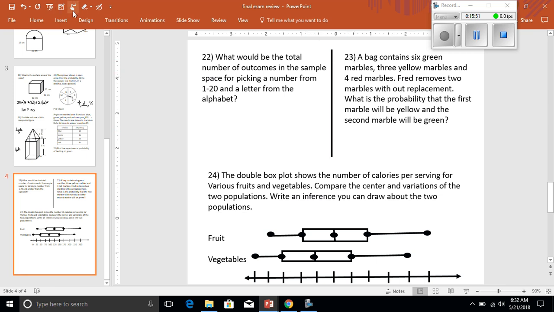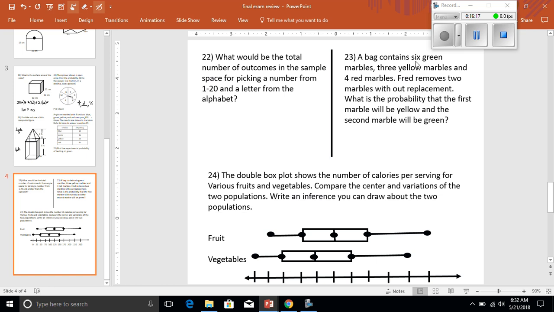Number 23. A bag contains 6 green marbles and 3 yellow marbles and 4 red marbles. Fred removes 2 marbles without replacement. What is the probability that the first marble will be yellow and the second marble will be green?